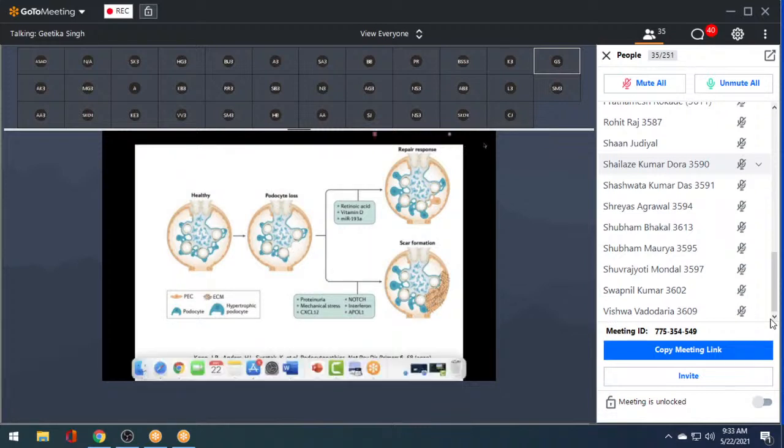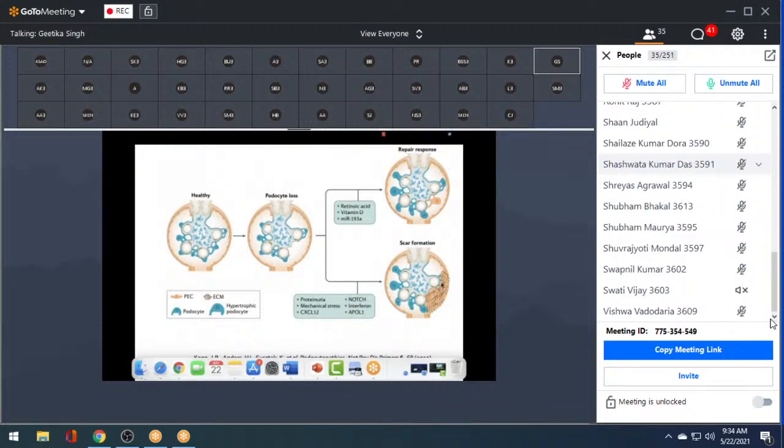And what happens when they fall off is the current hypothesis is that these parietal epithelial cells have a stem cell component in there, and they will try to produce cells which will work like podocytes. Okay, so there may be these progenitor parietal stem cell origin cells which will migrate, and they will try and do a repair here. Okay, now if that repair doesn't work, what will happen is there will be scar formation.